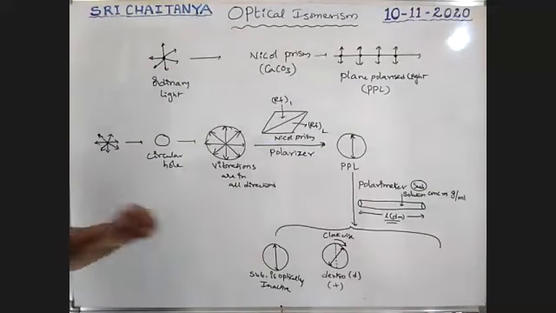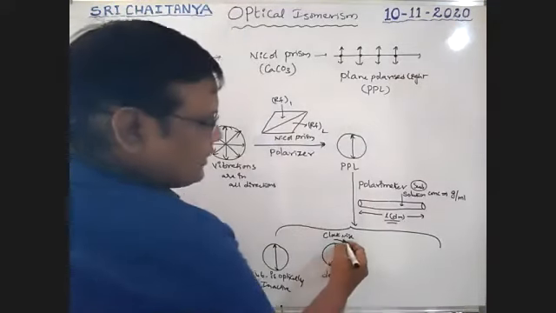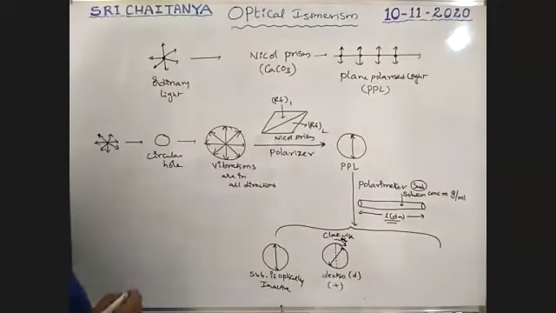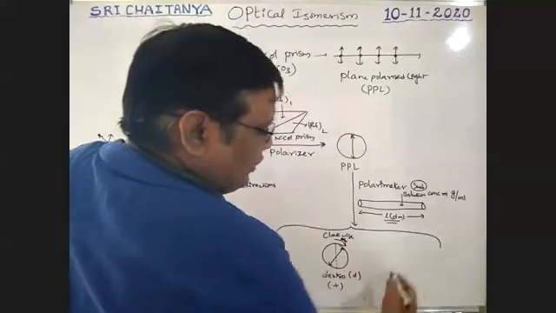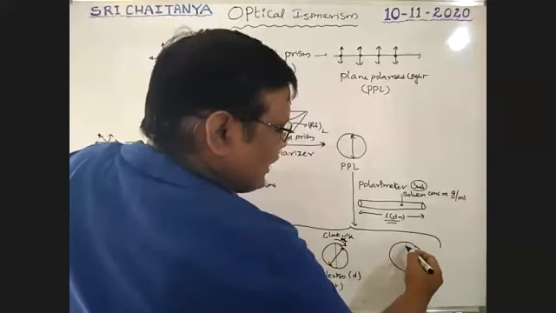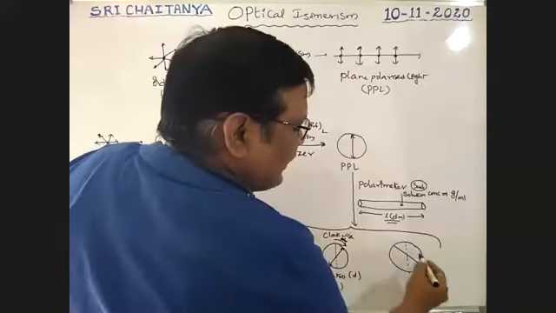How much rotation is taking place? Alpha is the rotation towards the clockwise direction. That is the observed rotation. If you observe like this, this is what we actually expected, but the rotation is like this.